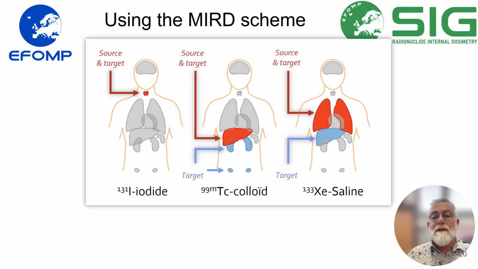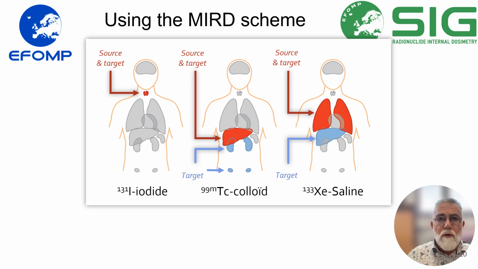So using the MIRD scheme, basically, every radiopharmaceutical is administered and goes in different places. I mean, that's the objective of nuclear medicine, to have an image of different places for different purposes. So obviously, you will have to define for every clinical application where the sources are and what is your target of interest.